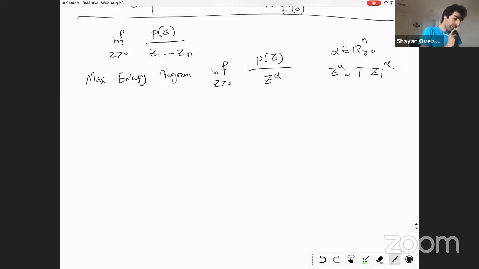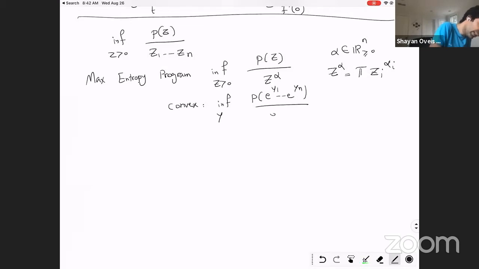Now, this program I wrote here is not really convex. So again, you can convexify it using the trick we talked about last time. The convex version of it, which gives you the same value, is that you maximize over all vectors y the log of P of e to the y_1 up to e to the y_n over e to the y dot product alpha.